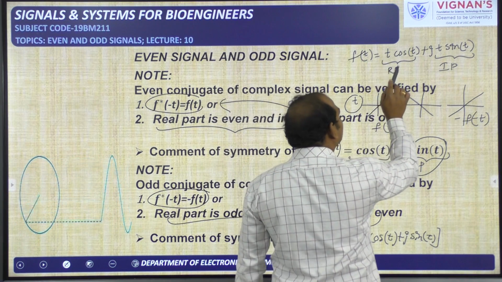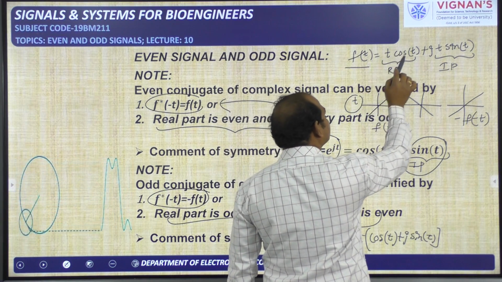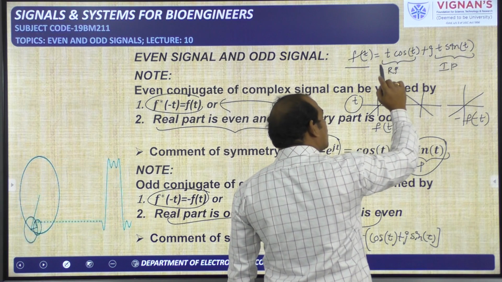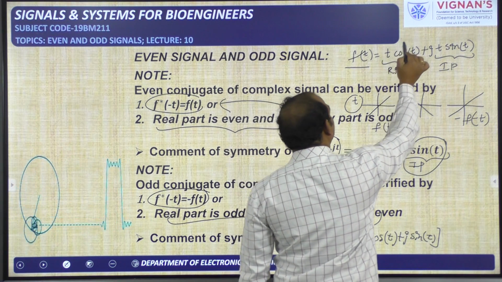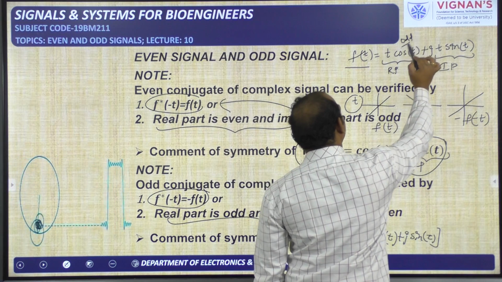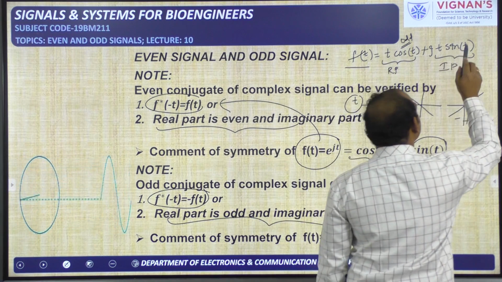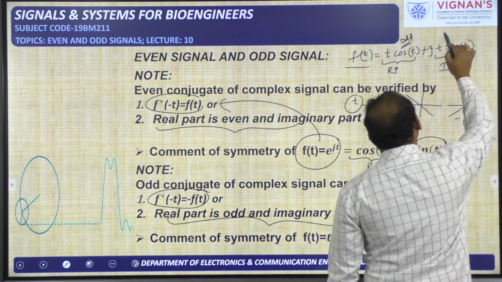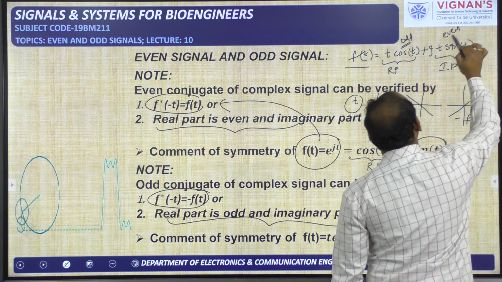So the real part of this total signal f of t is the product of even and odd. What is the product of even and odd? An odd signal. This I have already given in the basics. Now the imaginary part is odd into odd, and odd into odd means the result is even.